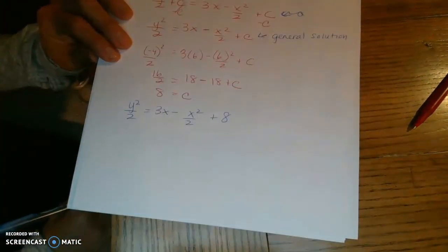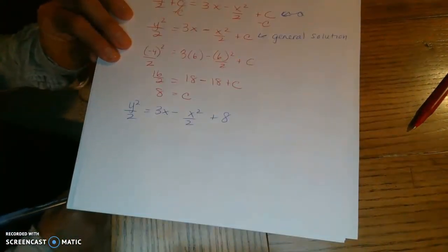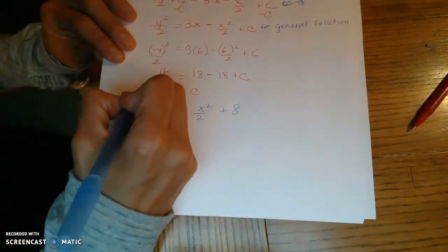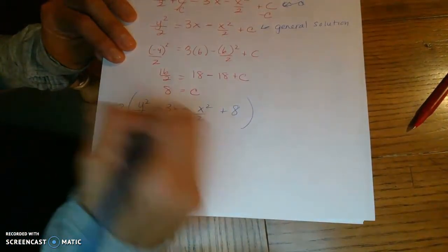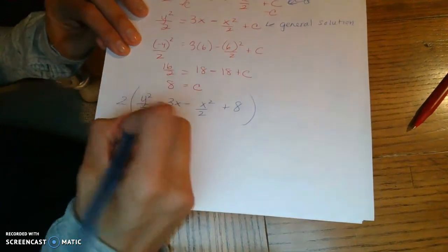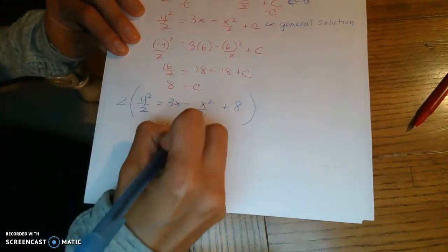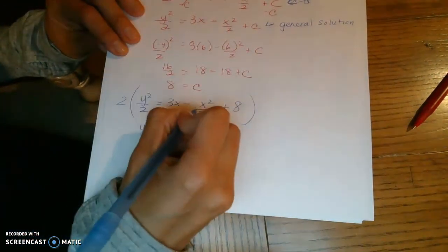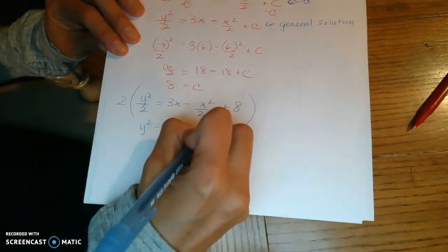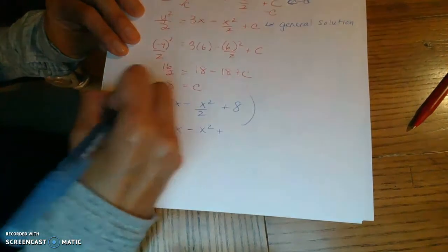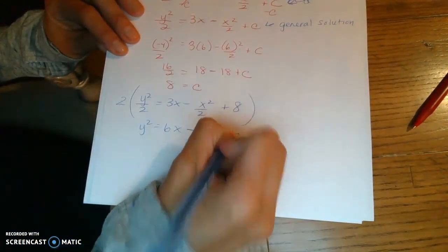Now I want to solve for y so that I can rename it g of x. I'm going to times everything by 2. I definitely don't want to deal with that fraction. So I get y squared is equal to 2 times 3 gives me the 6x minus 2 times 1/2, the 2's go away, I get x squared, and then 2 times 8 is 16.